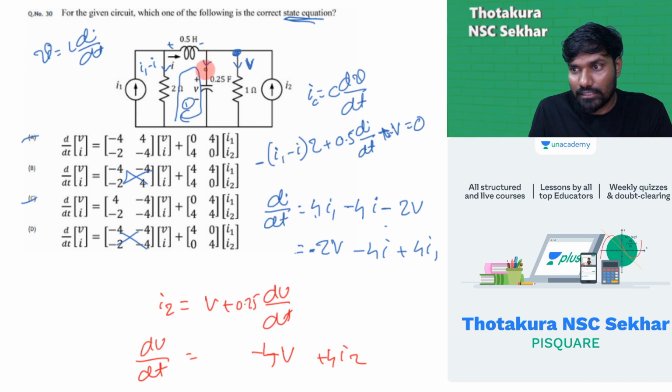And this current is equal to IC, that's fine. IC is equal to C dV by dt, C value is here, we have done it. How come? Let me just give a thought.